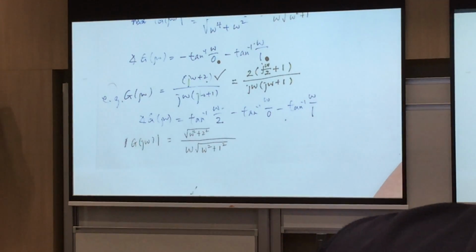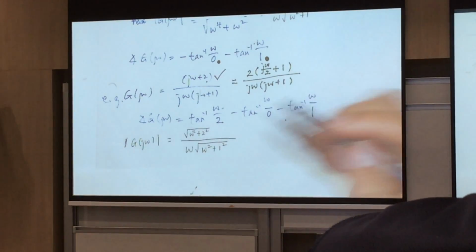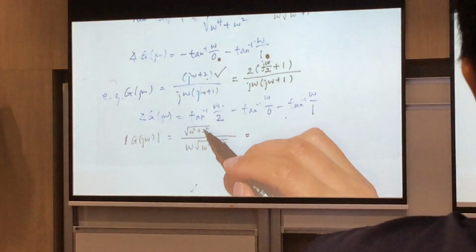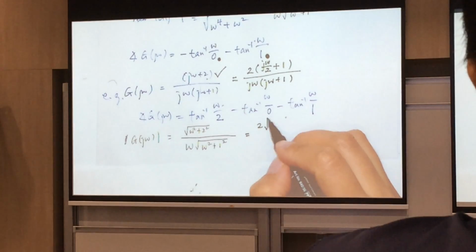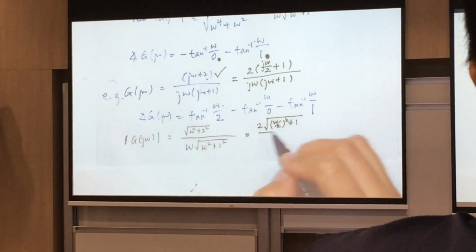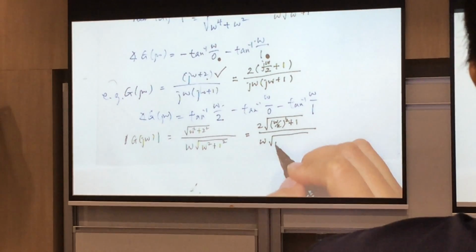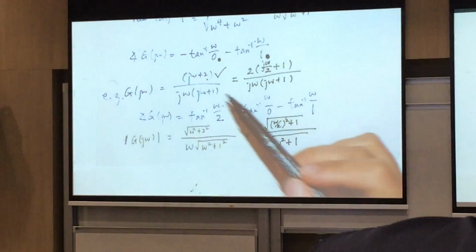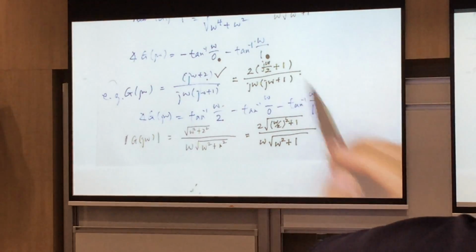You can do this, and you should derive the same answer. If you take out the 2 from here, you end up with the square root of omega over 2 squared plus 1. So you can go from here to here, or you go from here.